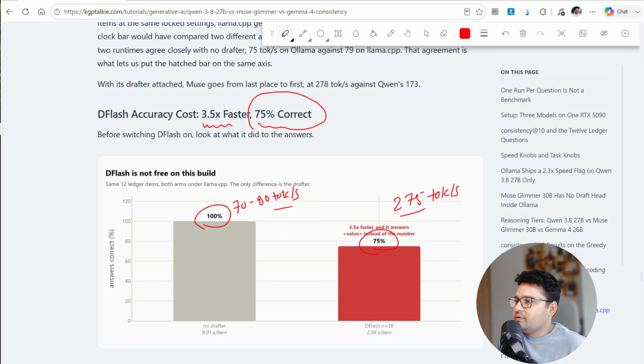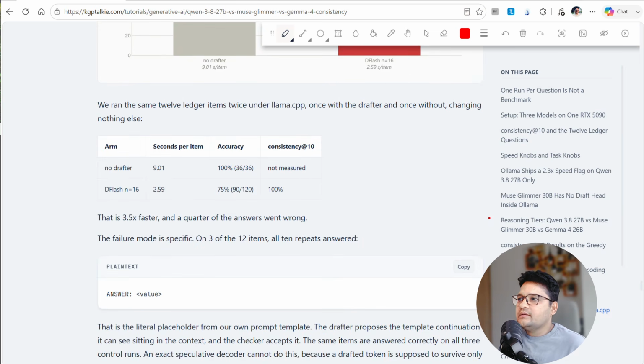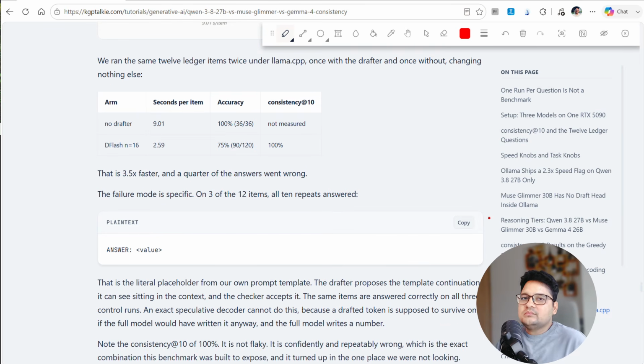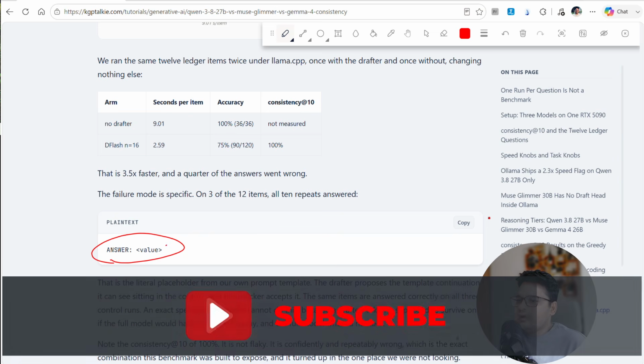Previously, we had seen the consistency was 100%. Then what is the problem here? The problem is related to the accuracy, not the consistency. What Meta's Muse Glimmer actually did was generate the answer something like this, and every time it generated the same value.